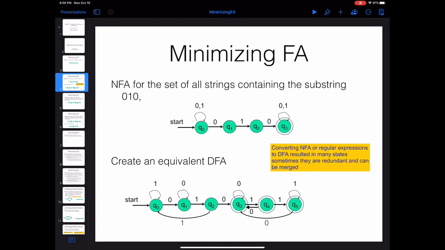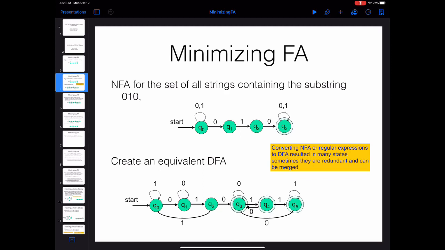So if you give different DFAs, all for the same language, the output of the algorithm for all of those DFAs is going to be unique. It's going to give you a unique DFA, which is the minimum size DFA for your language.